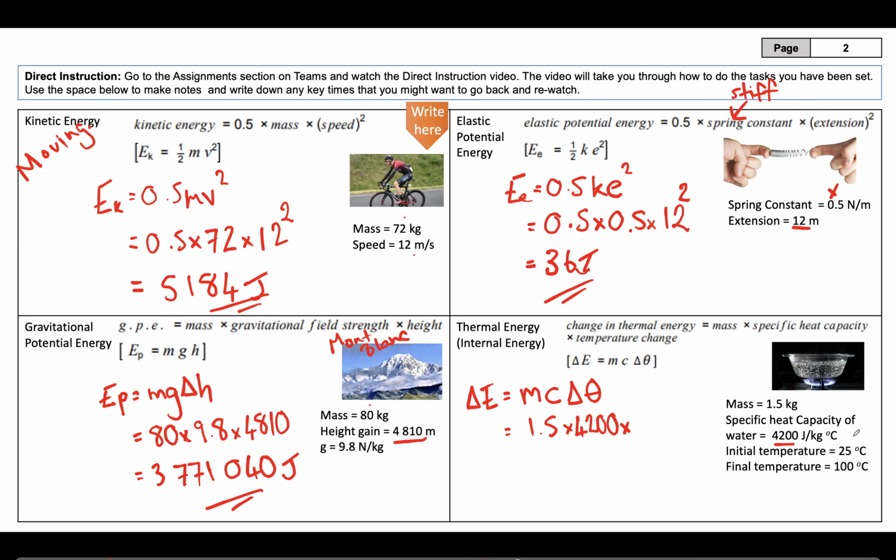So we have to do a little bit of extra work here. We've got an initial and we've got a final, so we need to work out the difference, how much it's increased by. So I'll do the final temperature, 100 minus 25, and that shows that the increase in the temperature has been 75 degrees Celsius.